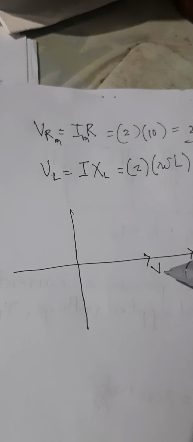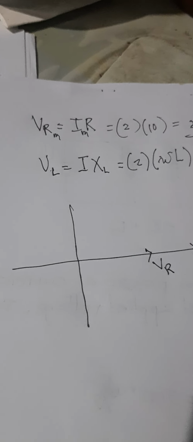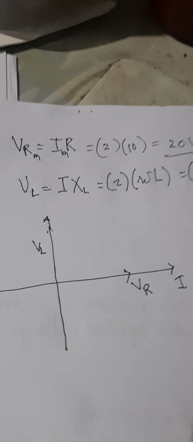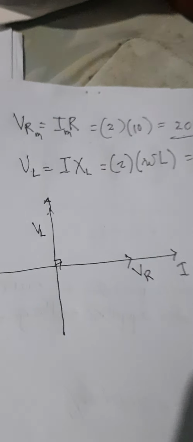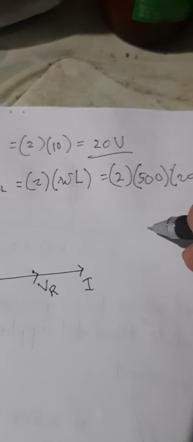Pag kinonsider natin yung voltage diagram, considering yung characteristic ng inductive circuit, na yung current at yung voltage sa resistor ay in phase, then yung voltage naman sa inductor, ito naman yung VL, is leading the current by 90 degrees. Ito yung ating consider.